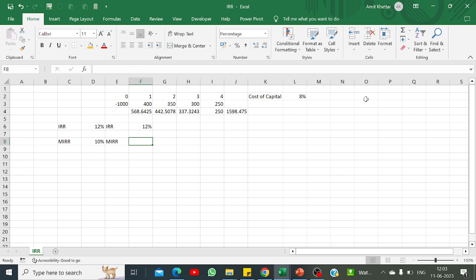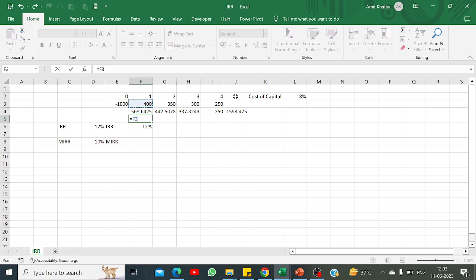Now let's determine MIRR using the future value concept, wherein these cash flows are being reinvested at the cost of capital. Same way for second year cash flow, 1 plus cost of capital to the power 2.